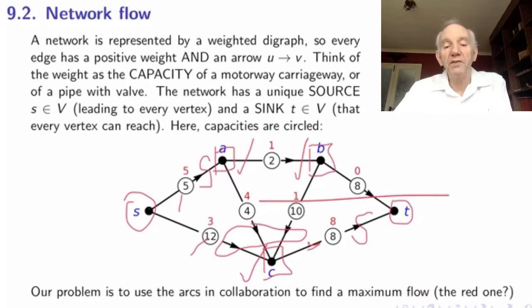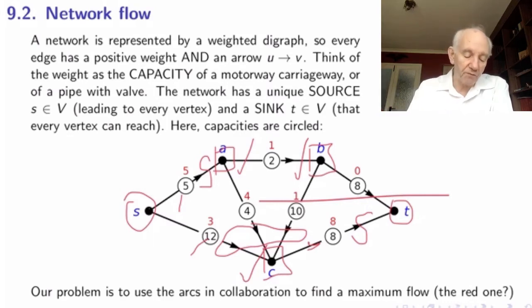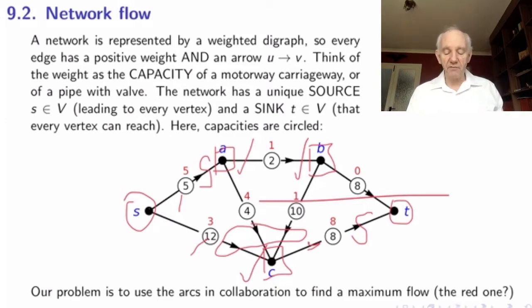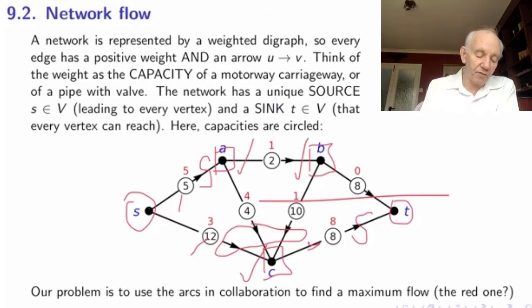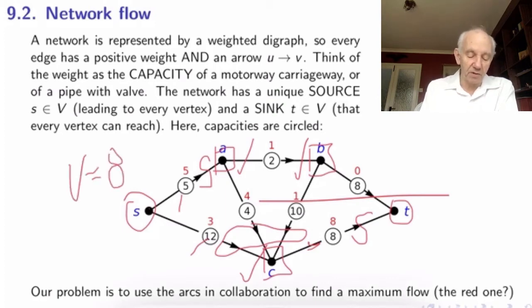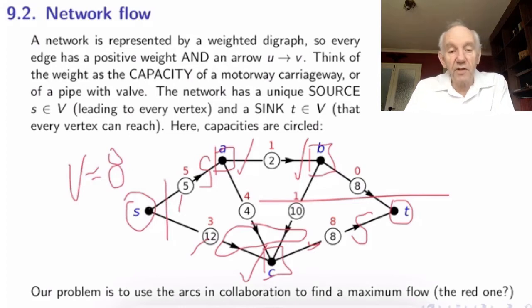What do I mean by maximum flow? There's the concept of the value of the flow. Here we've got a flow of 5 plus 3 leaving the source, and that means the value of this flow is 8. The value of this red flow is 8, because we have a total of 8 units leaving the source.